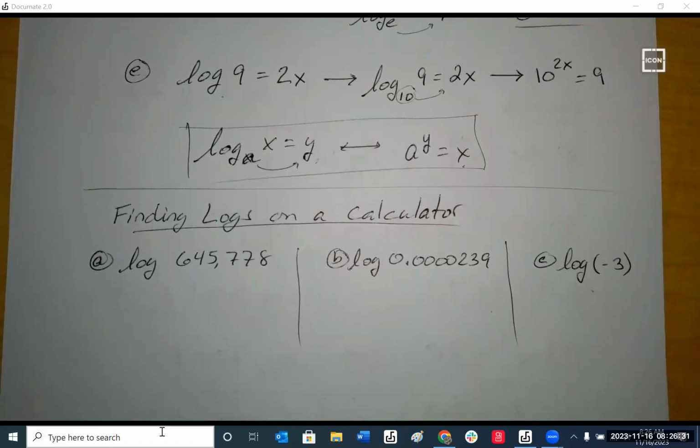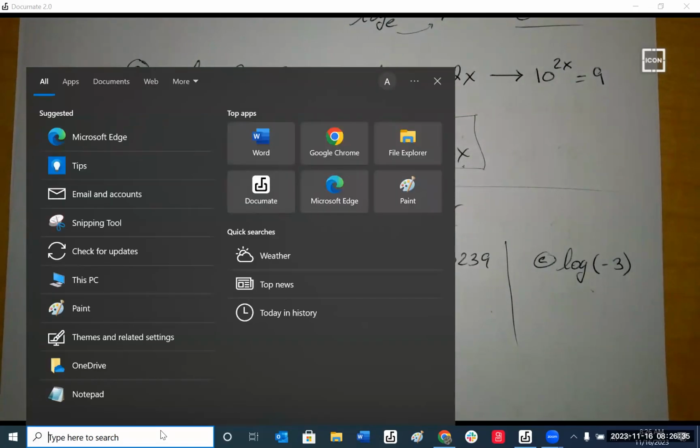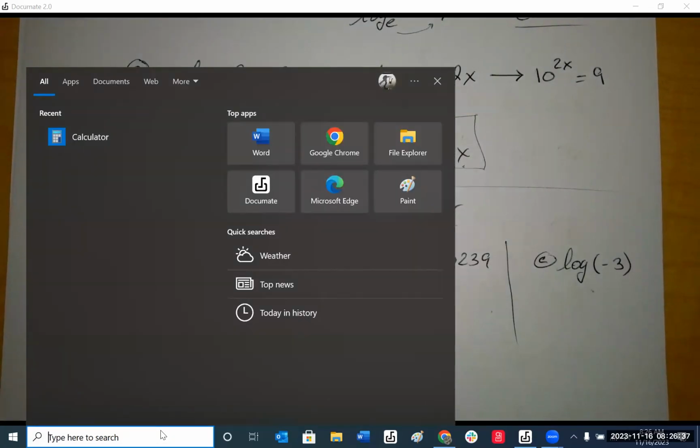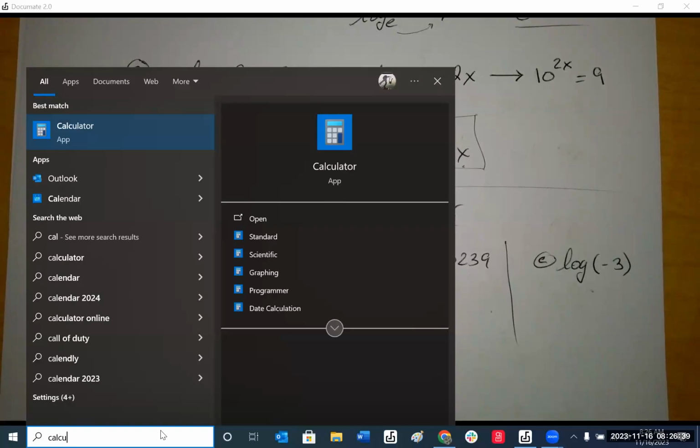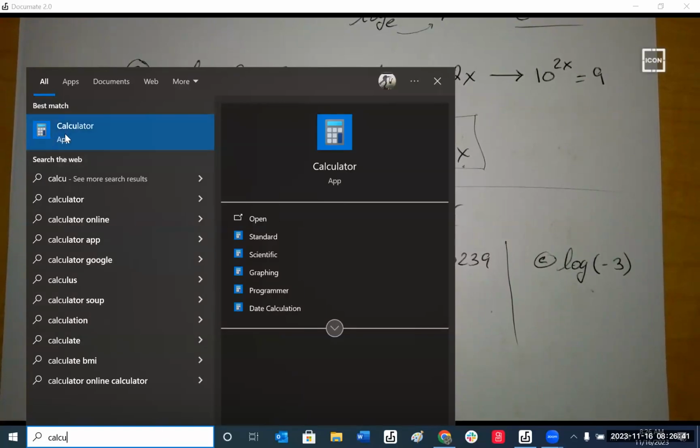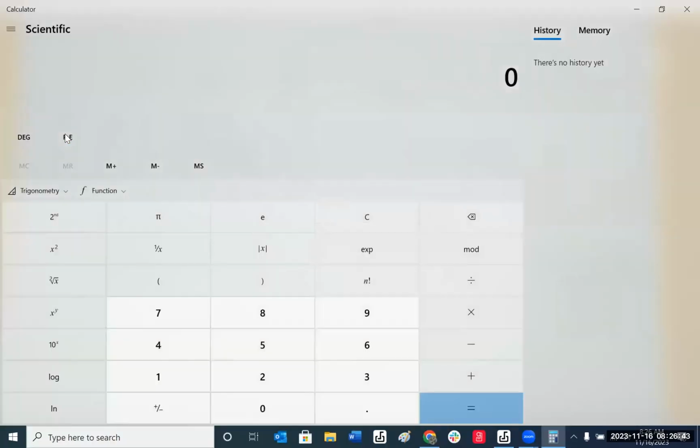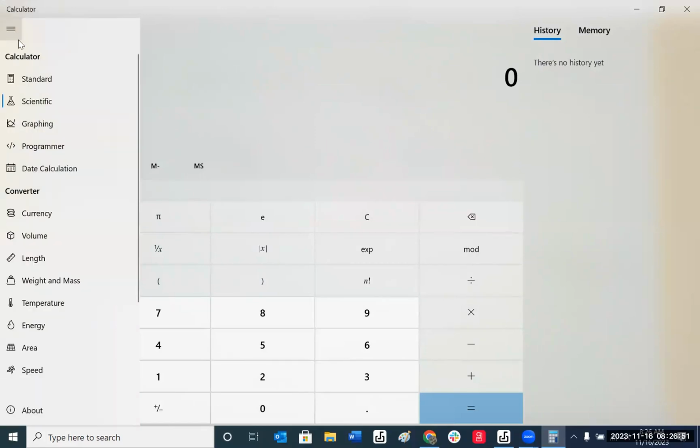All right, so if you don't have a calculator or the one on your phone, you could just go down here and type in calculator, and it'll give you an app that's already a calculator. And if you go up here, you can change the type of calculator you have.